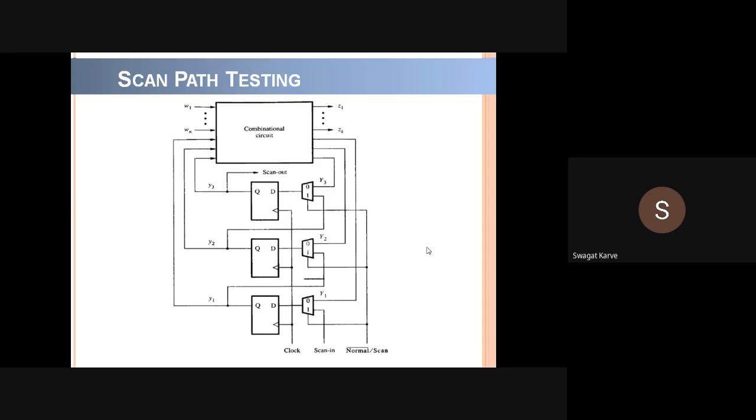First we enable the scan pin, then load the data using the scan in operation, then disable the scan pin and apply one clock pulse, so the data will transfer to the output side. Then again enable the scan pin and scan out the data, so that now you are able to check the data.